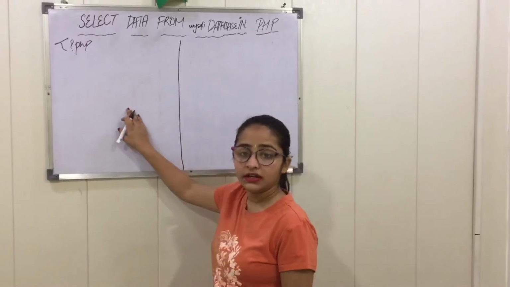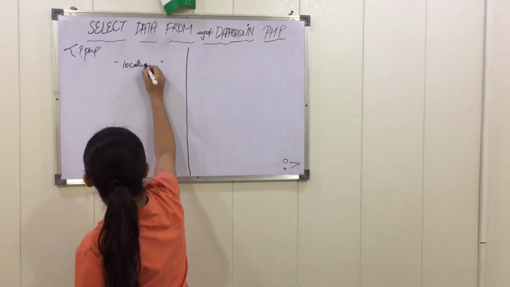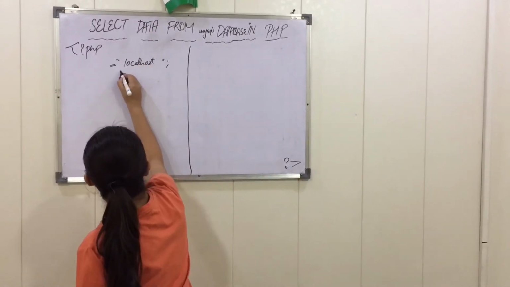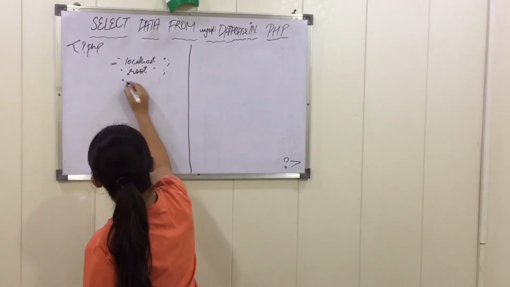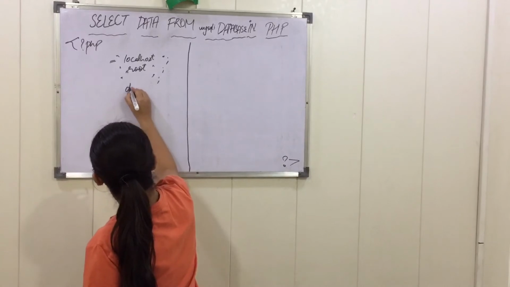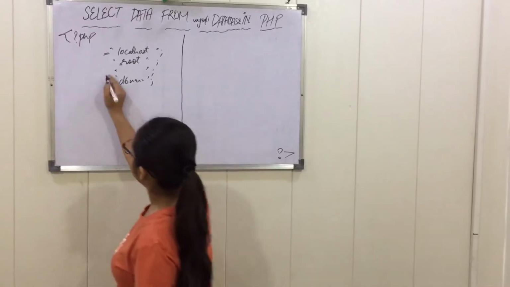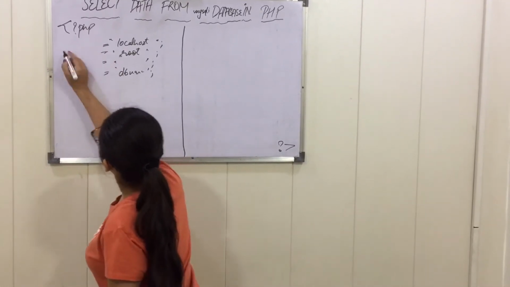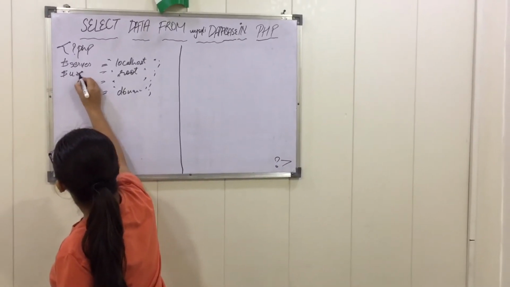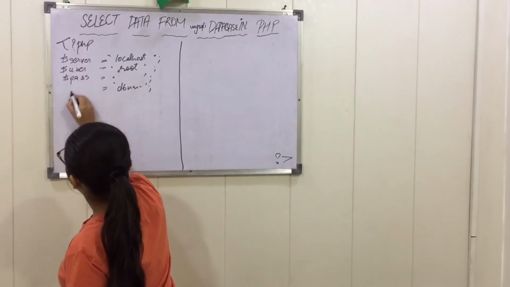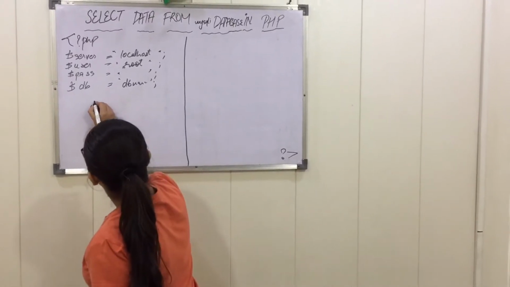In between these we will create a connection: localhost, then the username, which is root by default, then the password, then the DB name, that is my database name. We will put these into variables: first $server, second $user, third $pass, and last $db.